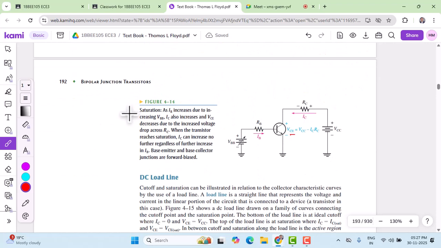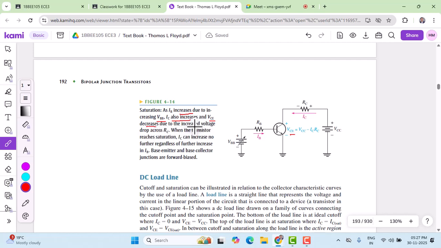The same thing is explained here once again. As the base current increases due to the increase in the base power supply, that causes the collector current to increase, and in turn that leads to the collector emitter voltage decreasing.